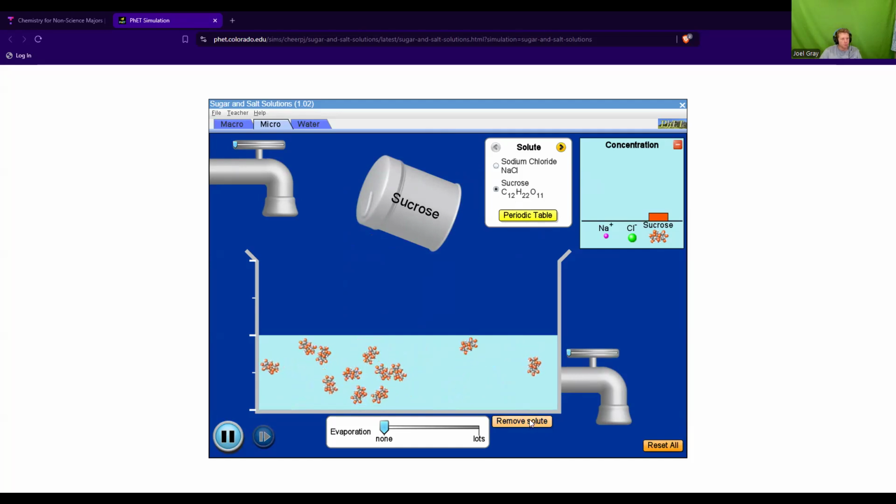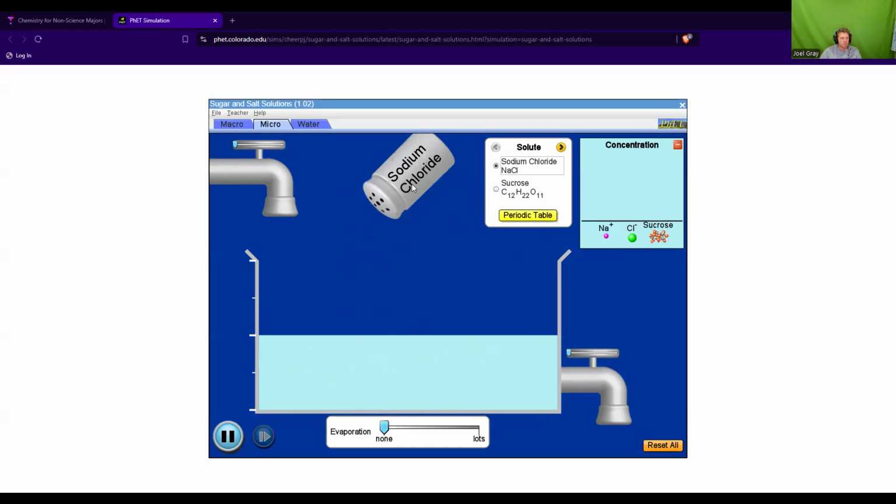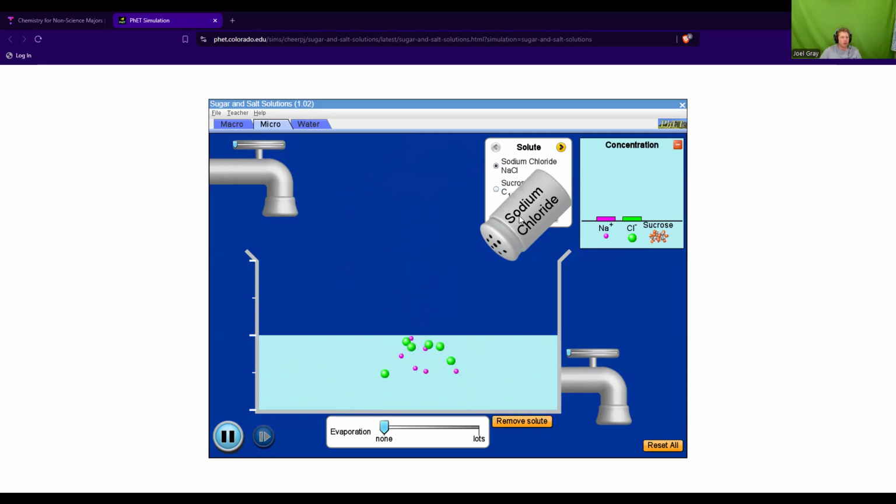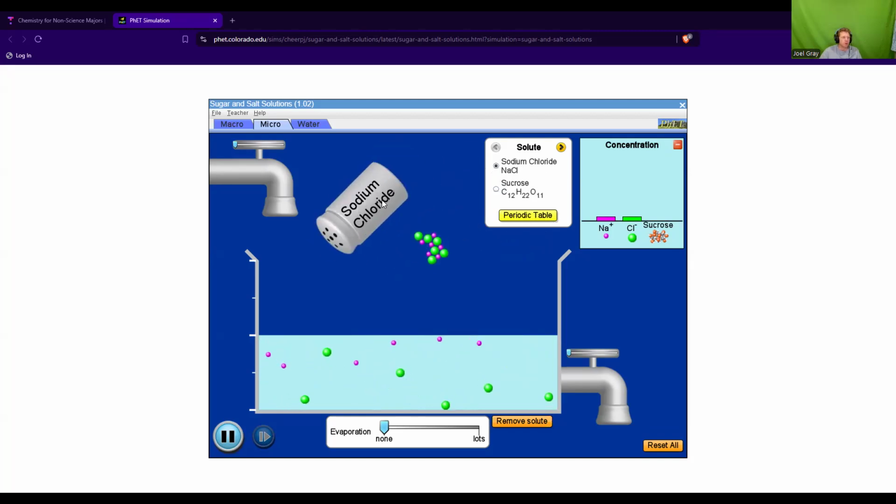Now I'm going to remove my sugar and replace it with sodium chloride. Okay, there's sodium chloride. What happens? Booyah! NaCl dissociates into individual ions in a polar solvent like water.